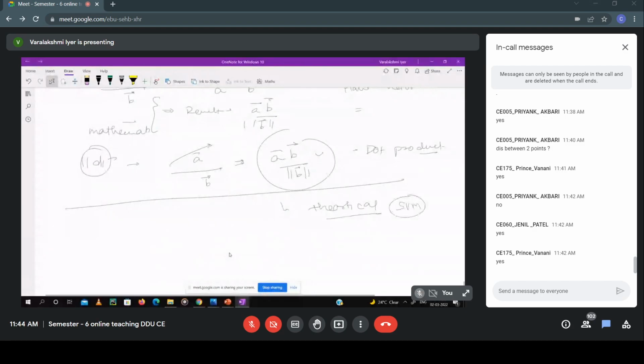Right now we don't have time, so I'll just revise what we went through in today's lecture. We started our discussion with the support vector machine, why we are utilizing it, and what the idea is.